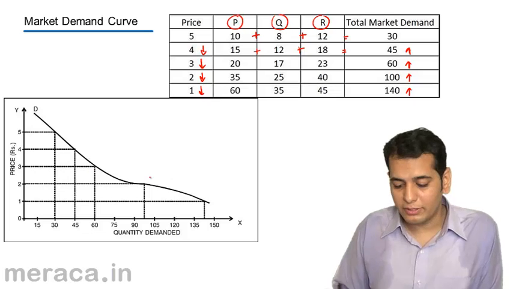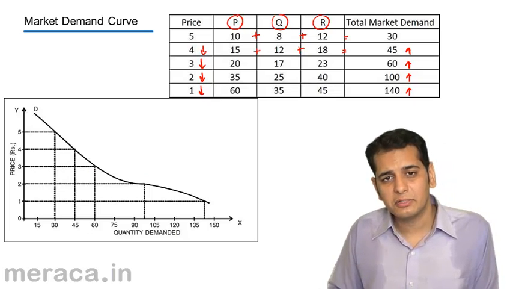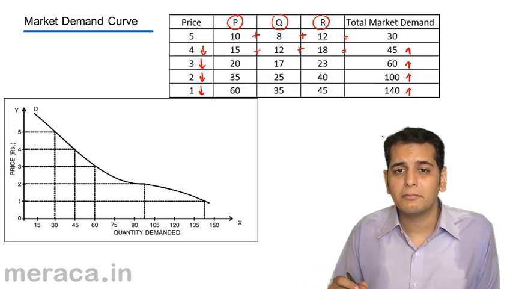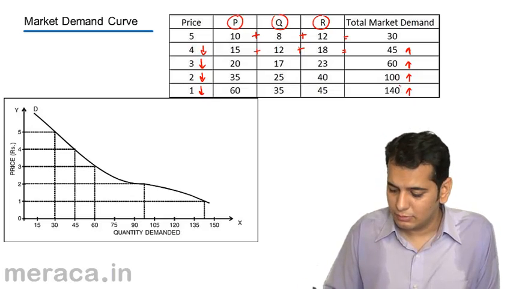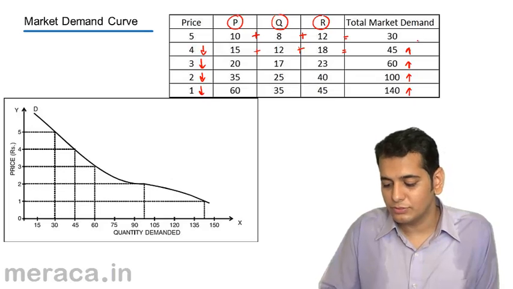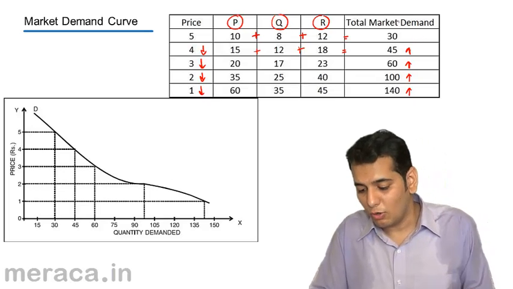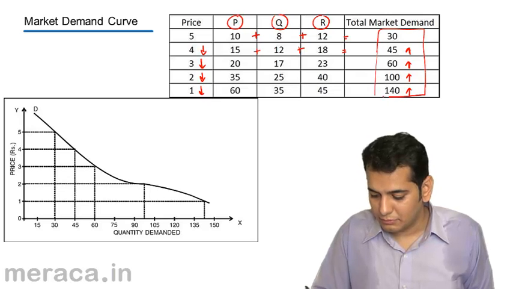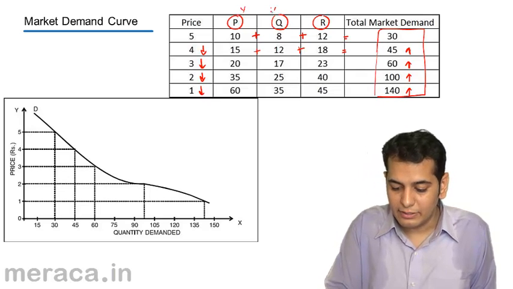Like we had plotted the points of individual demand on the graph, we can plot the points of market demand on the graph as well. The only difference here is we take the coordinates of market demand and not the individual demand coordinates with price.